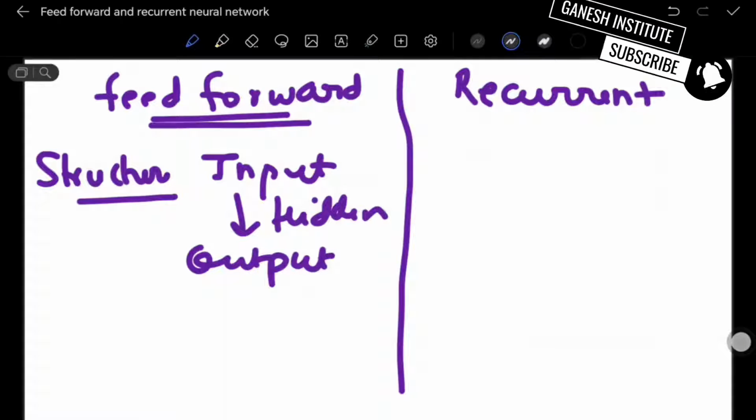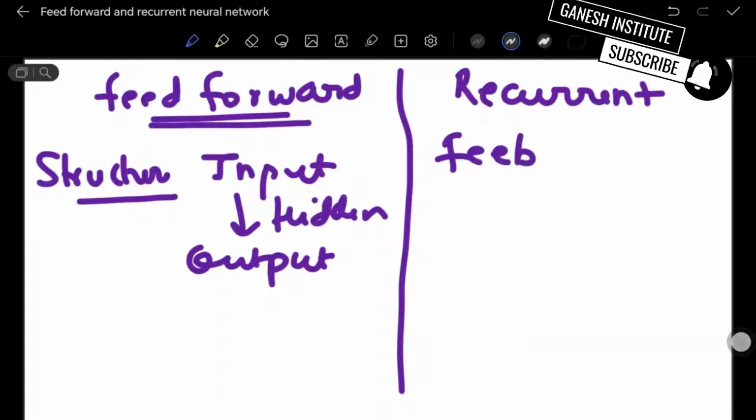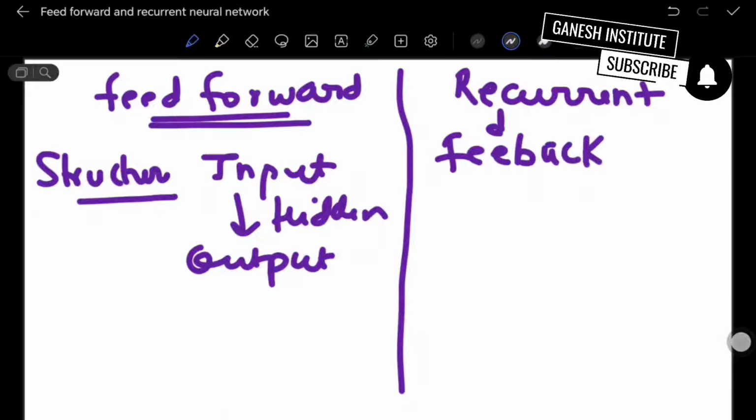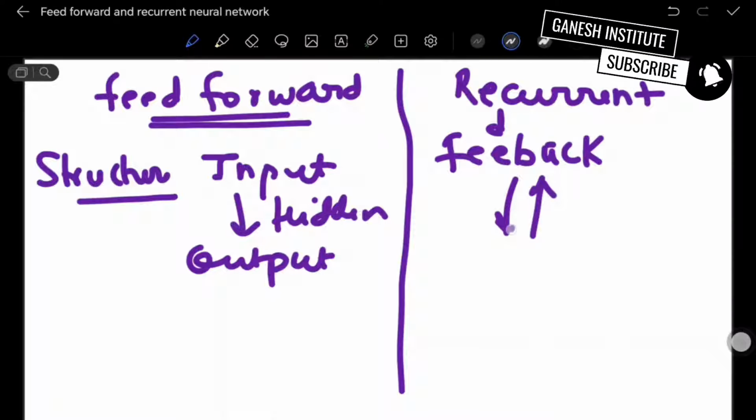But in recurrent neural network, we have a feedback system, okay? That means the output of a neuron can be fed back to the same neuron as well, the previous layer. So this is bidirectional, okay?